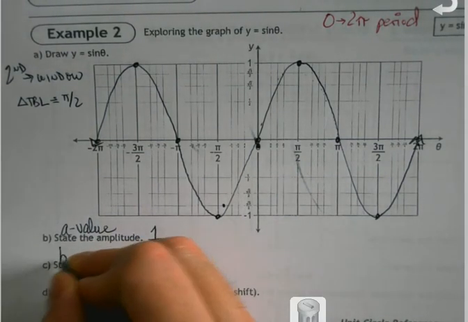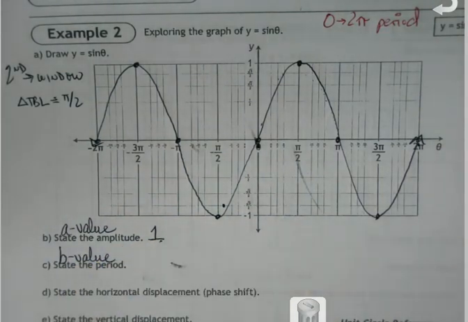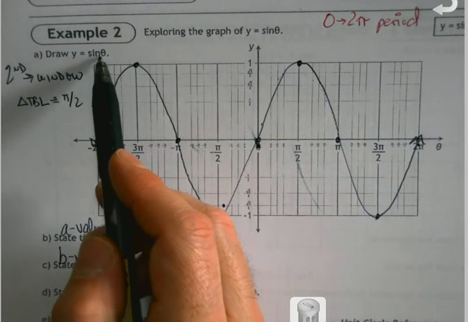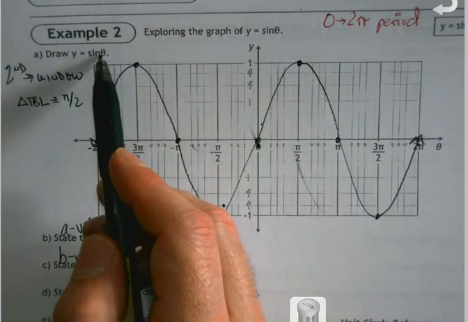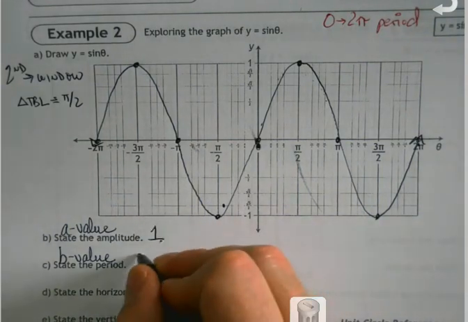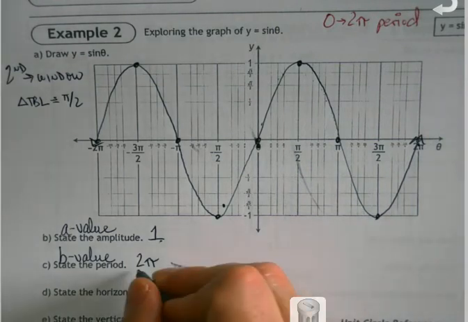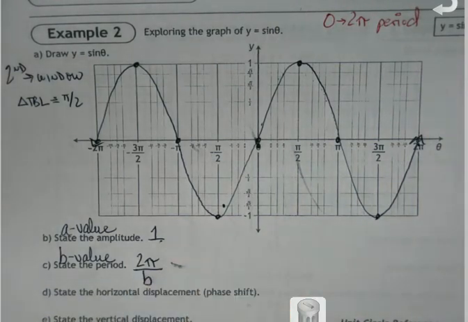The period is my B value. That B value would show up right between sine and where that theta is at. So like if you had sine of 2 theta, normally the period is going to be 2 pi. But if there's a number there, we divide it by that number.